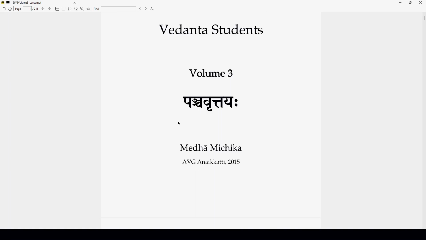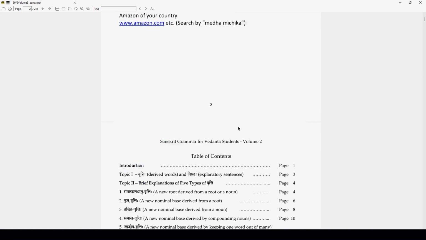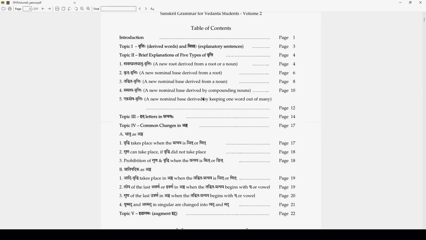Derivatives means there are vrittis, panchavrittaya, five types of derivatives discussed in this book. The five are listed here: sanadyanta dhatu vrittihi, krit vrittihi, tadhita vrittihi, samasa vrittihi, ekashesha vrittihi.